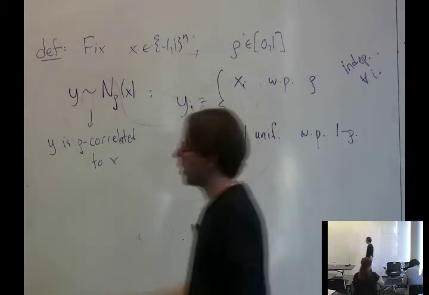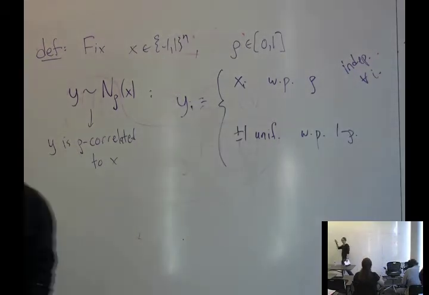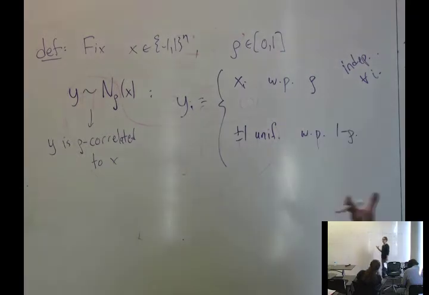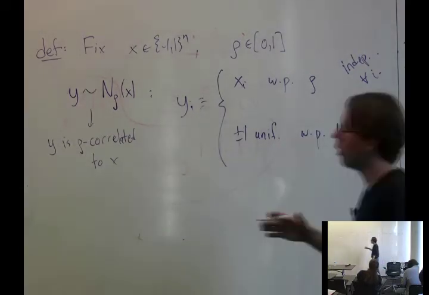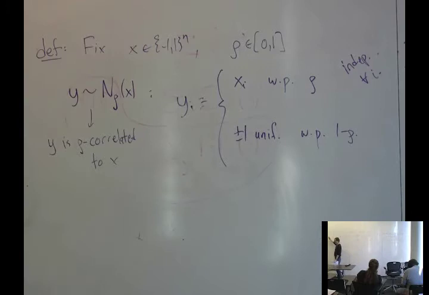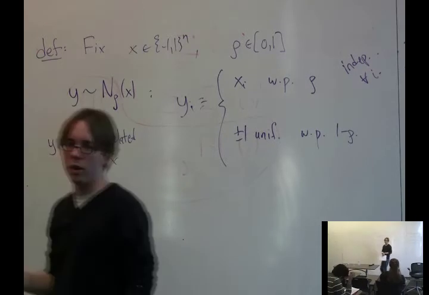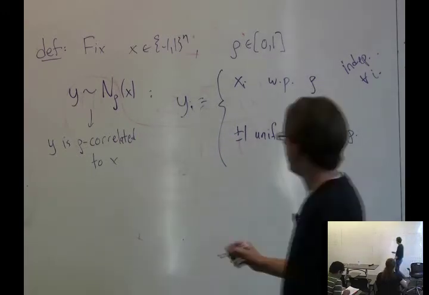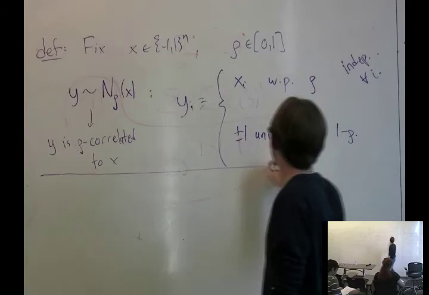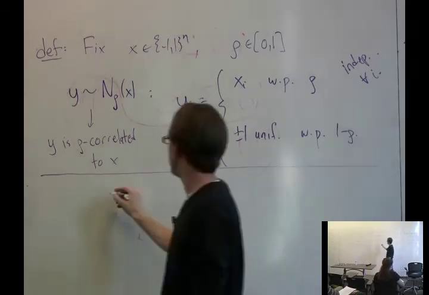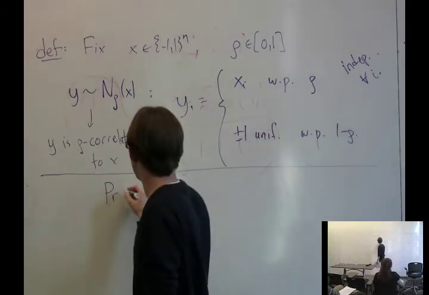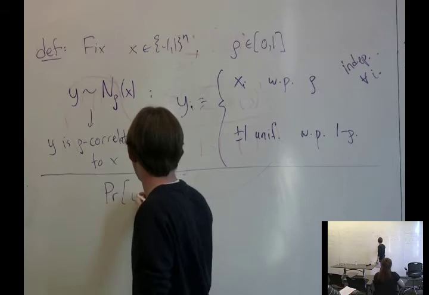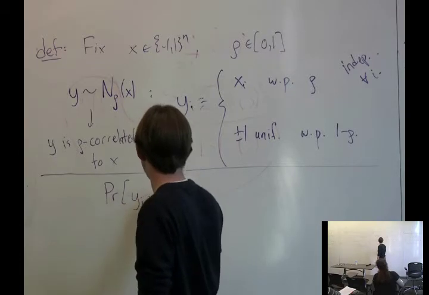So you just go through all the votes. There's some parameter rho. Think for most of this class as rho being close to 1. So for each vote, you hold it steady with probability rho, and otherwise you re-randomize it. It's also helpful to do a simple calculation. What's the probability that y_i equals x_i?